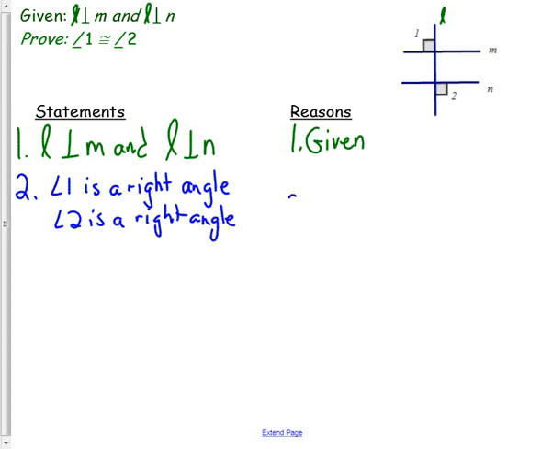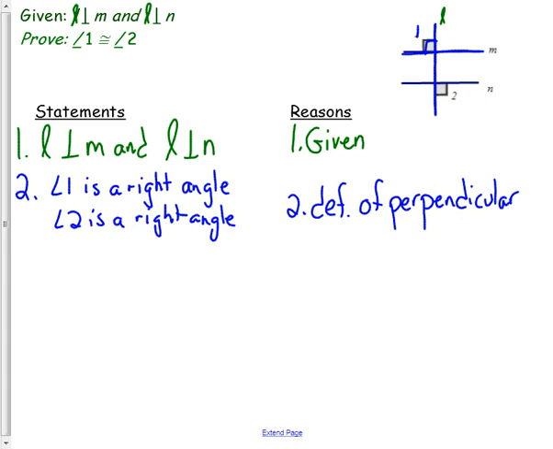The reason we know this is because they're perpendicular. For L perpendicular to M here, we have the box drawn, so that means that angle 1 is a right angle. We know that by the definition of perpendicular. And if you want to abbreviate perpendicular as perp, by all means go for it.